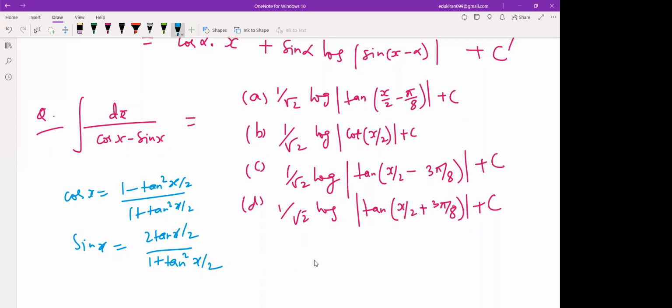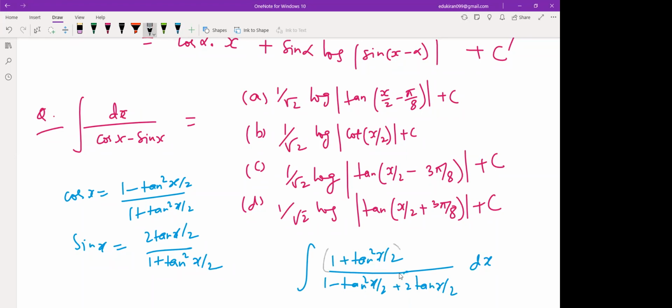And also after doing this, 1 plus tan square x by 2 will go in the numerator, and it will become 1 plus tan square x by 2 by 1 minus tan square x by 2 plus 2 tan x by 2 dx. And what you have to do next, do you know? This 1 plus tan square x by 2 will become sec square x by 2, which is the derivative of tan x by 2. So what you have to do, take t is equal to tan x by 2 and then proceed, see what the answer is coming.